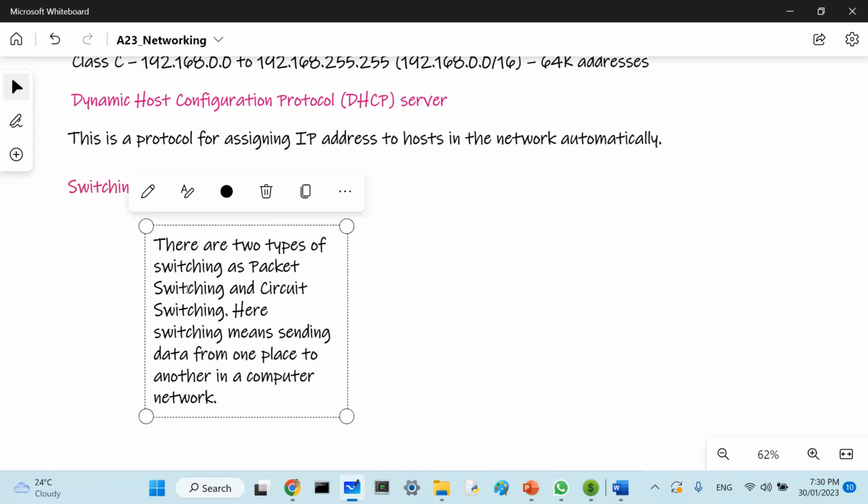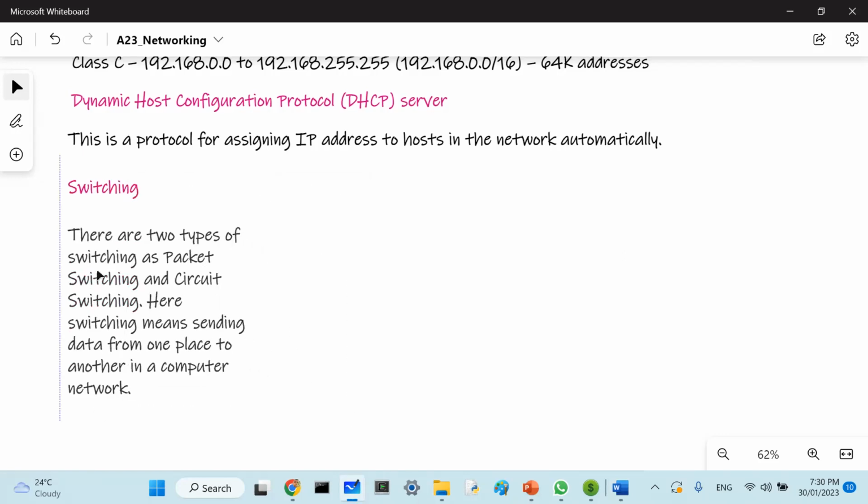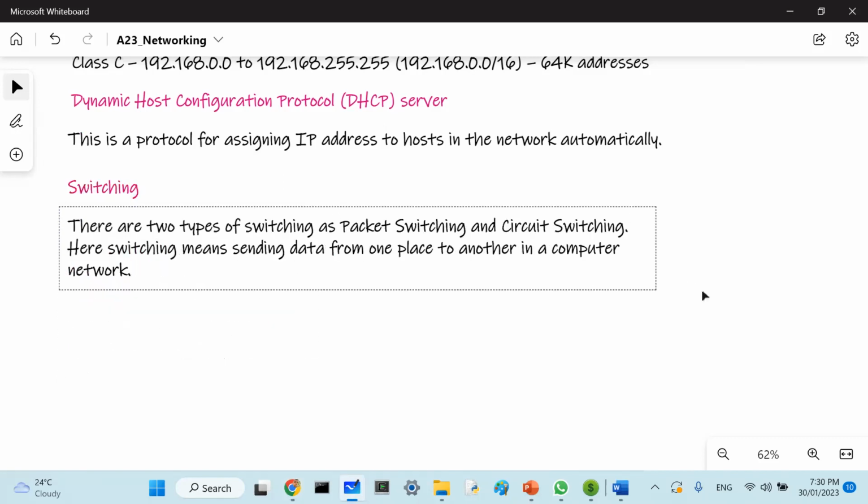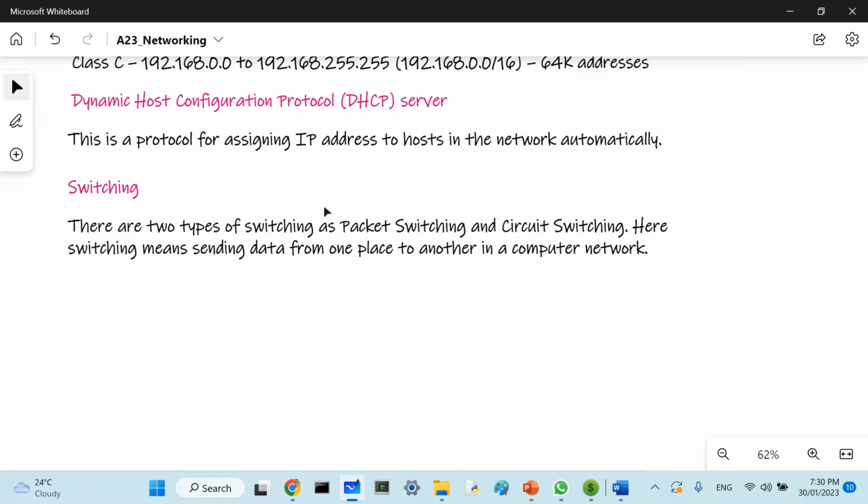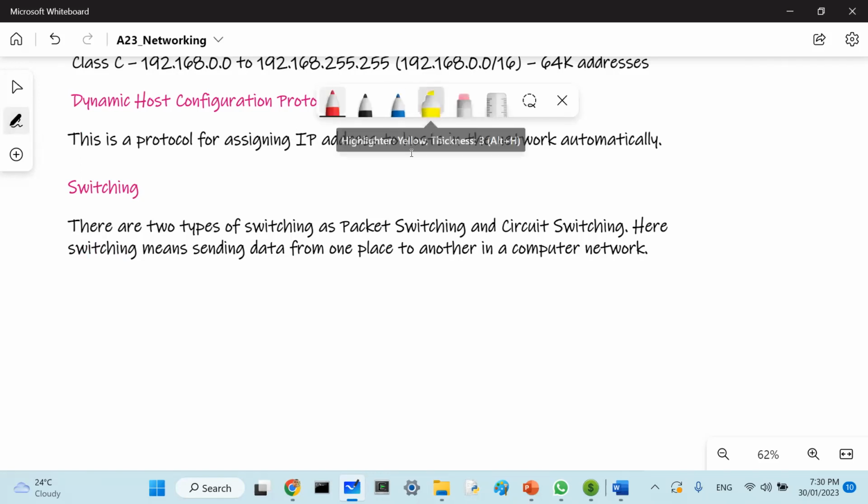So let's write the 2 things. There are 2 types: packet switching and circuit switching. This is called packet switching, which means you send the data as packets.